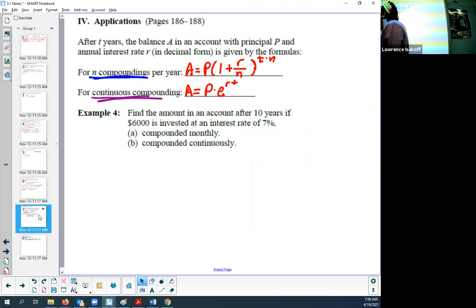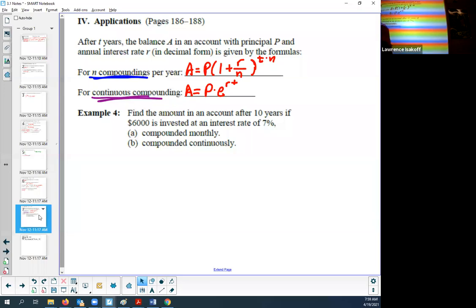So we're going to look at the difference between investing. Find the amount in the account after 10 years if $60,000 is invested at a rate of 7%. So we're going to see the difference between if I get monthly interest versus continuous compound interest.